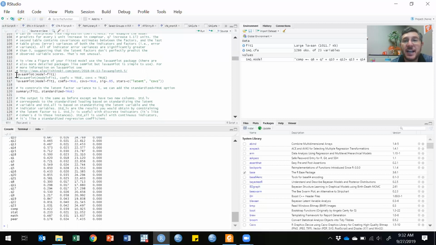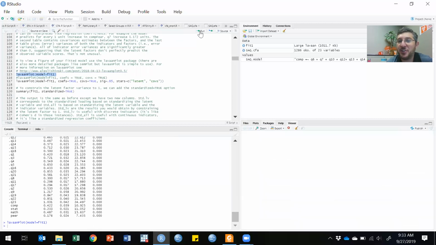If you want to get a graphic, a plot of your model, you can use the lavaan plot function package here. There's also a package called semPlot that I'm going to show you later that's a lot more flexible, but the syntax for lavaan plot is really easy to get.